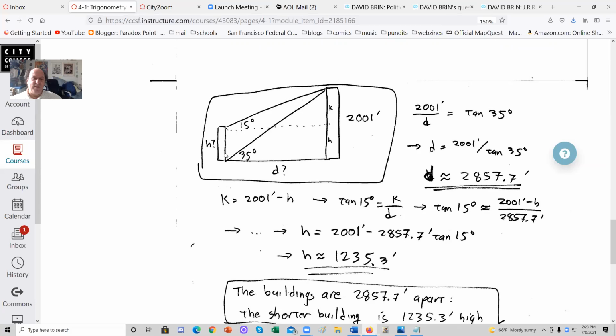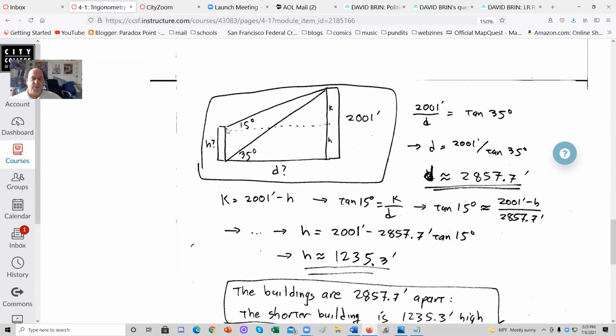Whereas if you take the elevator to the top floor and get out on the roof, you have to crane your neck up by 15 degrees to see the height of the other building. This is an angle of 35 degrees. This is an angle of elevation of 15 degrees. This has height 2,001 feet. So the question is, what's the distance between the buildings, and what is the height of the smaller building?